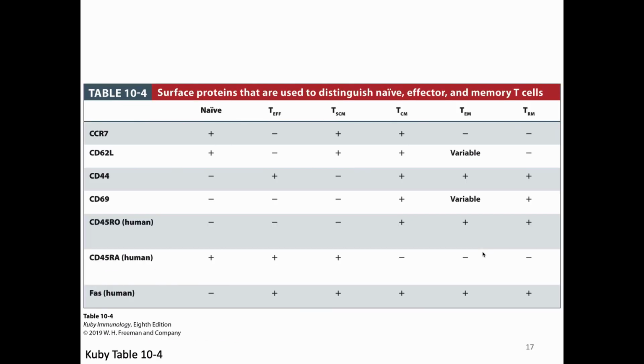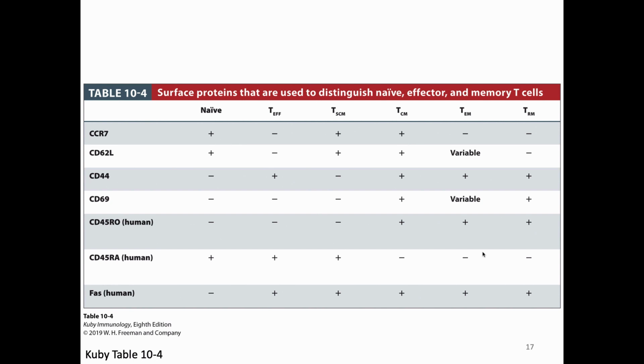A couple of other things to say. Like I said, we can easily detect different types of T cells, whether they're naive, effector, or memory cells, based on flow cytometry markers.